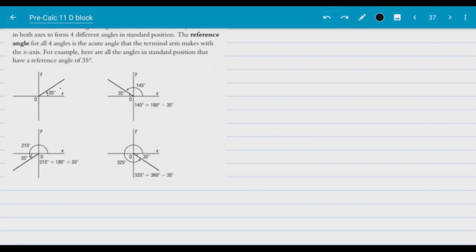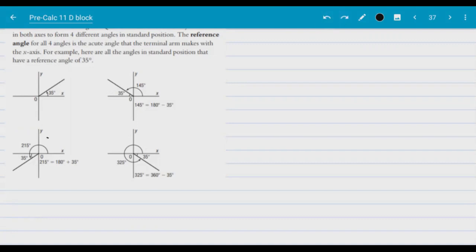Now guys, in the next one, the angle in standard position is 145 degrees, the one that goes this way because it starts with the positive x. However, the reference angle is again 35 degrees because the reference angle is that angle that is measured from the x, okay? It doesn't have to be the positive x. The reference angle only requires you to start measuring from the x-axis, okay?